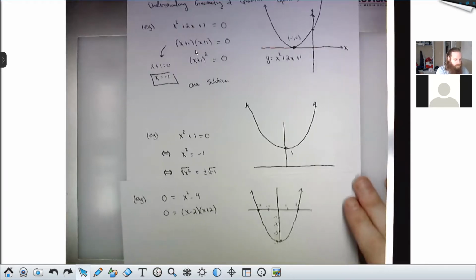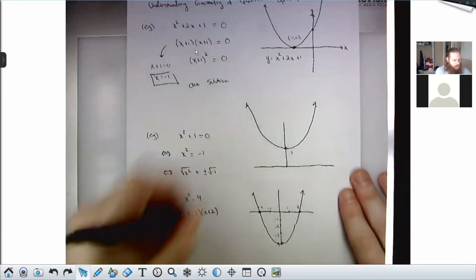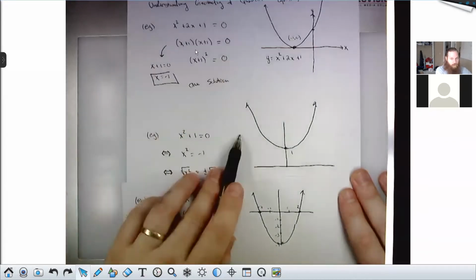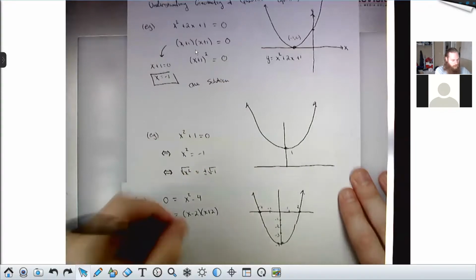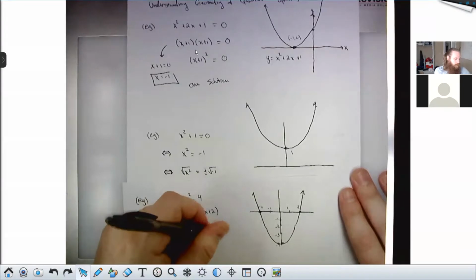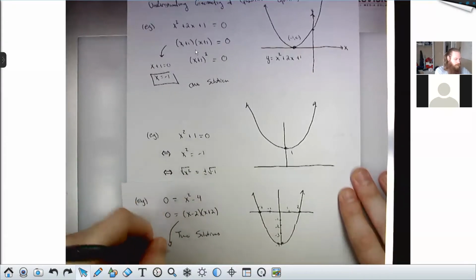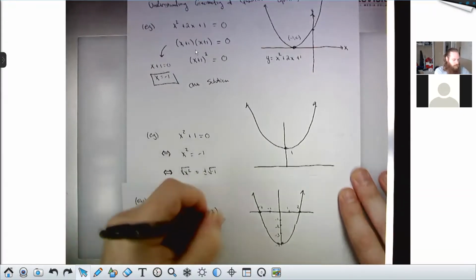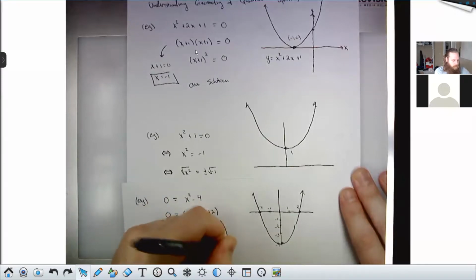If we look at these three graphs, here we have no solutions, one solution, and two solutions, namely x equals 2 and x equals -2.